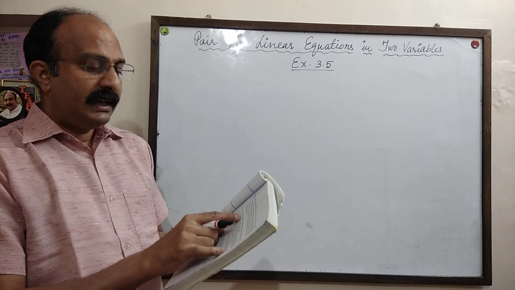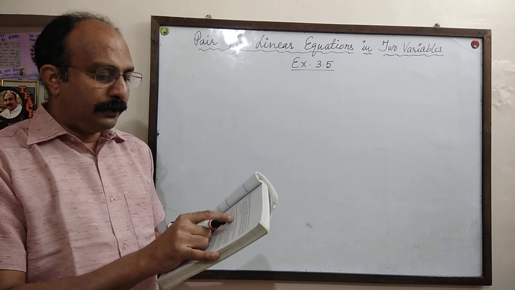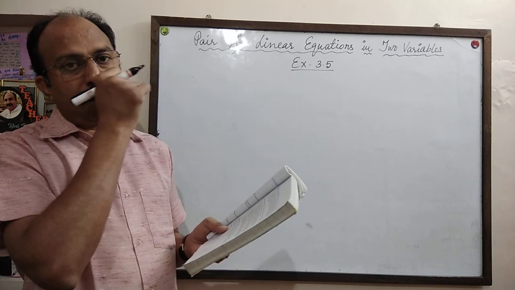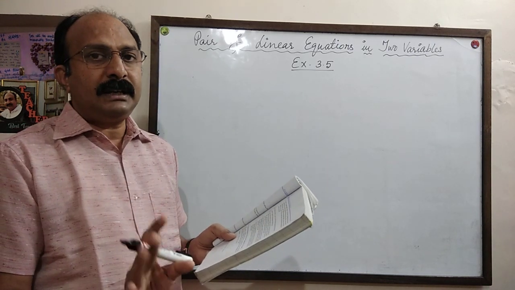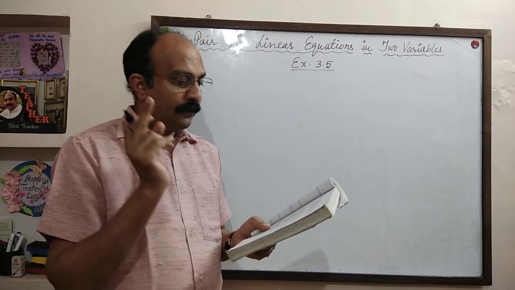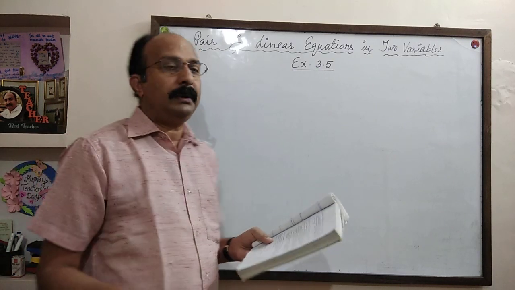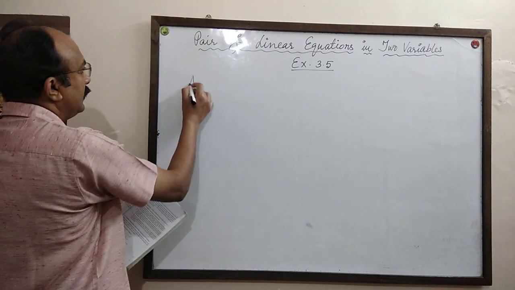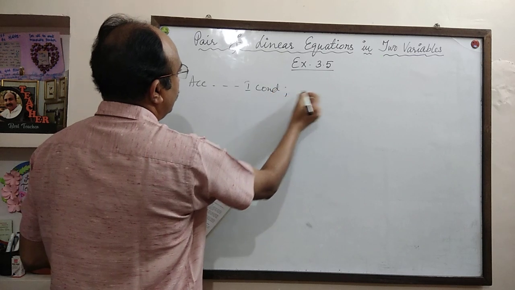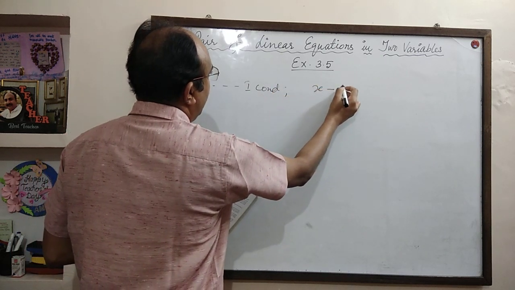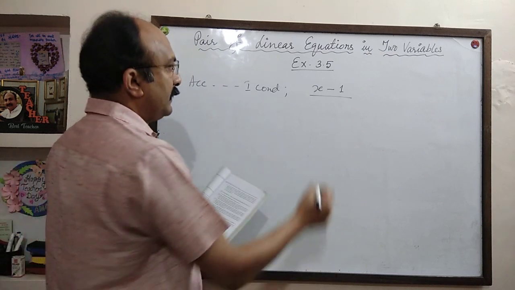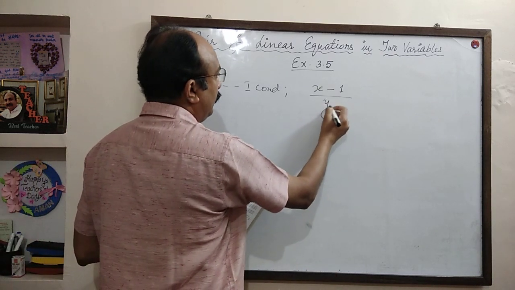First condition: a fraction becomes 1 upon 3 when 1 is subtracted from the numerator. Nothing is mentioned about the denominator, so the denominator will remain as y only. 1 is subtracted from the numerator, that means x minus 1, and the denominator is y.